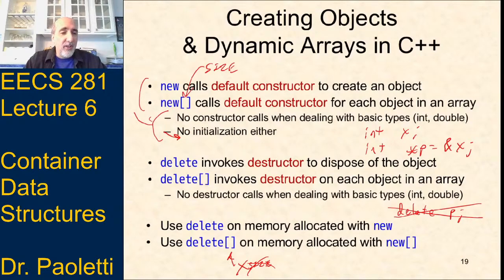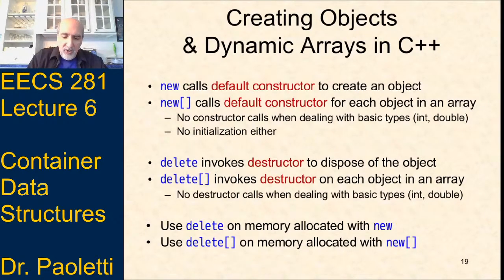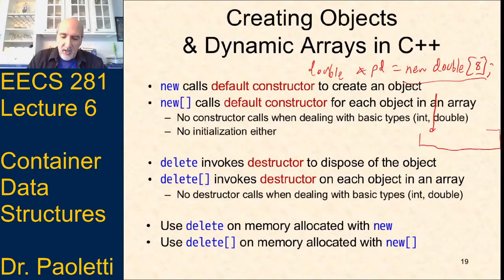What it actually does behind the scenes is, if I do something like, I'm going to have to get rid of my marks on here, make up a little room here. If I do a double pointer PD for pointer to double equals new double of, let's say, 8. What happens is this thing returns a pointer to something that looks like this.